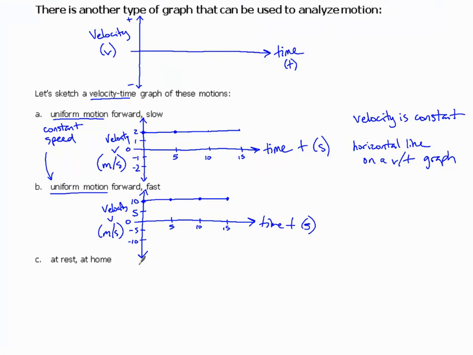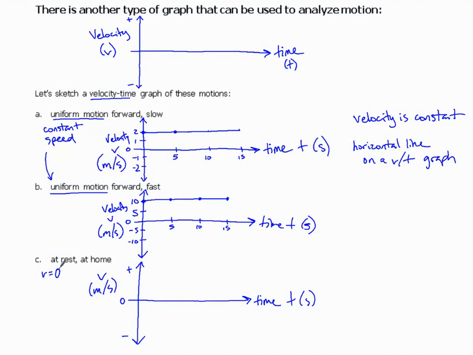Next one, C, at rest, at home. Let's go ahead and draw the graph. So something you might remember, at rest, your velocity is 0.